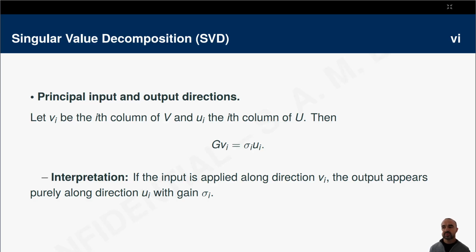Let's also define the principal input and principal output directions. Let v_i be the i-th column of V and u_i the i-th column of U. Then G v_i equals sigma_i u_i. If the input is applied along direction v_i, the output appears purely along direction u_i with gain sigma_i.